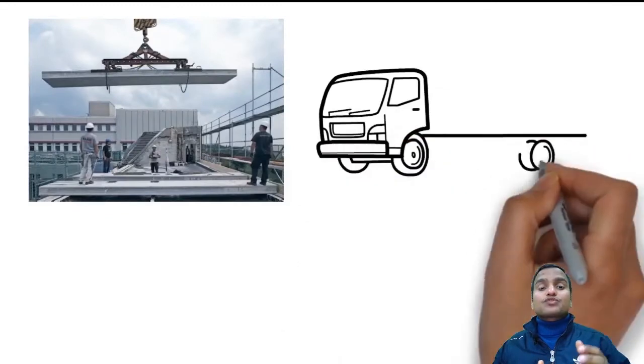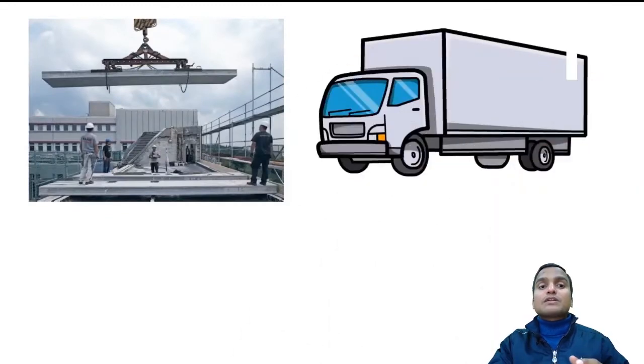Here we are showing you only those pictures of elements which are already precasted in the industries, and they are transported to the site and can be used. Generally, pre-tensioning is done in the industries or in the shops, and it is allowed to cure for 28 days, and after the curing is done and the concrete is set, then we can transfer those elements to the site where they have to be used.